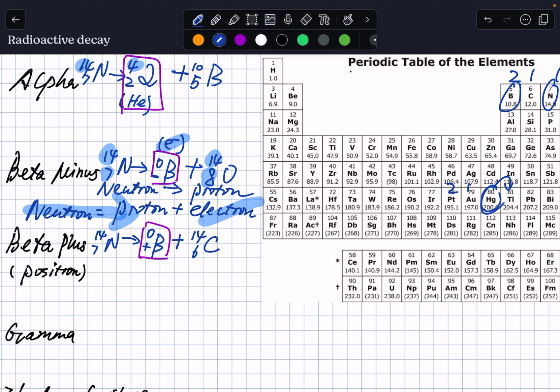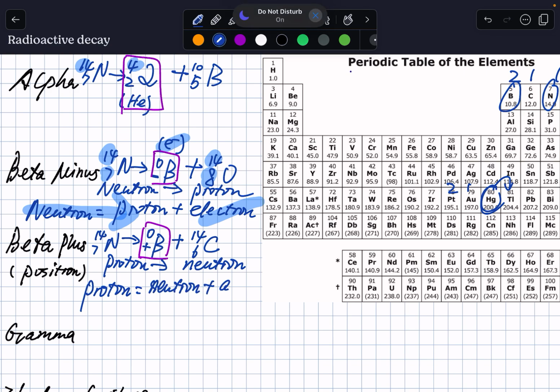And then you may also have heard that beta plus is going from proton to neutron, okay? Let's rationalize it. Why do we say that? Because proton, this positive thing, basically equals neutron plus anti-electron, right?